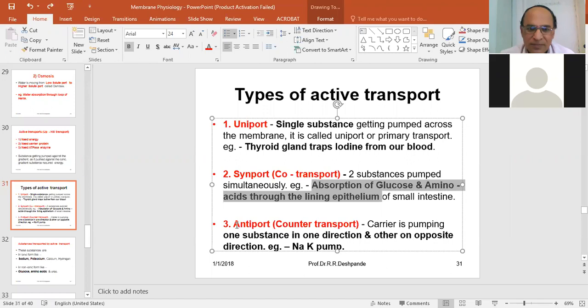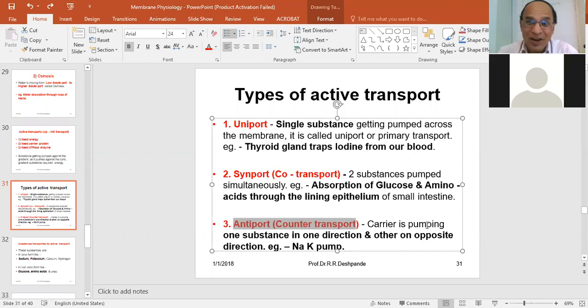Next, antiport or counter-transport. One is going here, another is coming here. Can you see my fingers? Up, down. Simultaneously, here you can see, the carrier is pumping one substance in one direction and another in the opposite direction. Like the Na-K pump, when the resting membrane potential is converted to action potential.